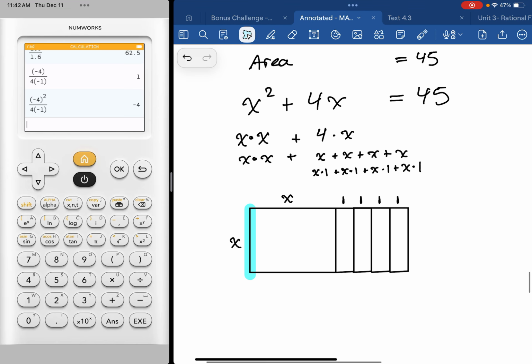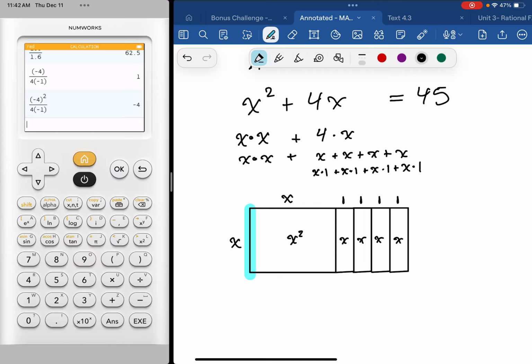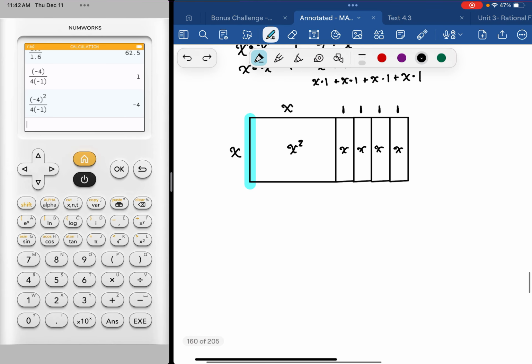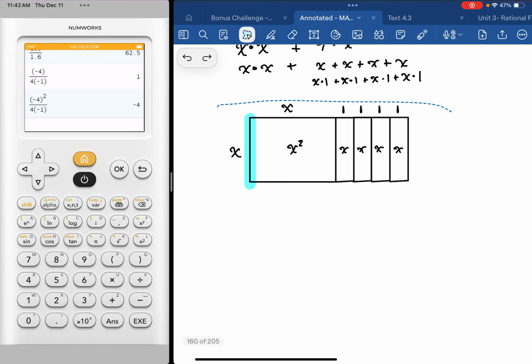But the thing is, we'd end up going around in circles, because if I were to find each individual area, this one would be x squared, this would be x, x, x, and x, which gets us right back to x squared plus 4x. So what we're going to do instead is have essentially the same figure.